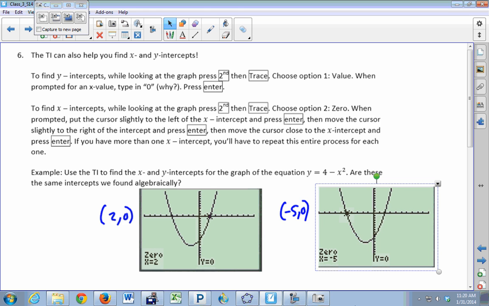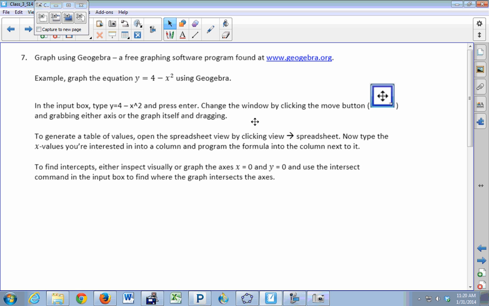Okie doke. Any questions on how to use your calculator to find either the y or x-intercept before we move on? All right, now we're going to graph with GeoGebra. So before you pull it out, I want to do a little demonstration for you, show you some of the things you can do. So put your graphing calculators away.